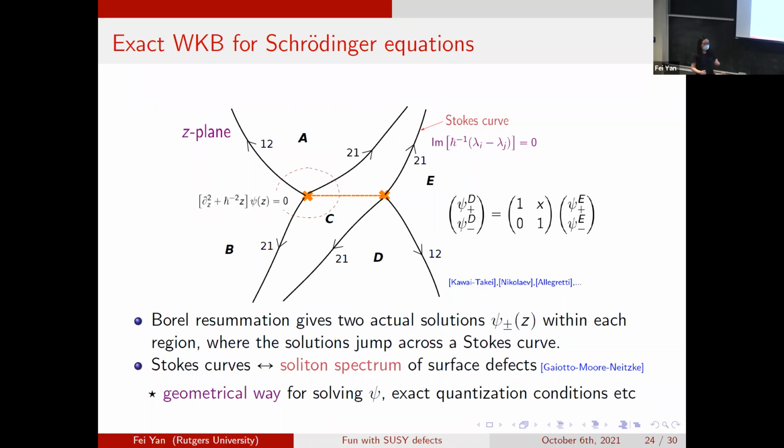So in gauge theory, your Seiberg-Witten differential will go to infinity at those poles. Physically, they correspond to where the Seiberg-Witten differential goes to infinity.